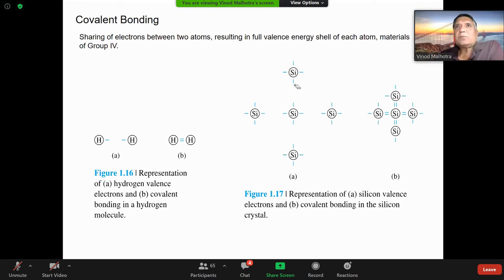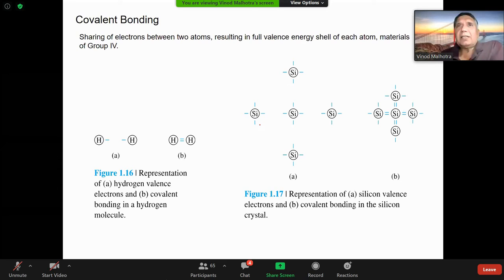In silicon, each of these lines, think of it, represents a valence electron. Now, first of all, what is a valence electron? These are the outermost electrons. These are the electrons that are going to participate in bonding. There are more electrons in the inner shell, and they are of less interest right now. But for bonding purposes, these are the outermost electrons, so they are valence electrons.